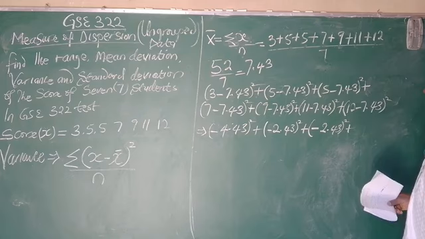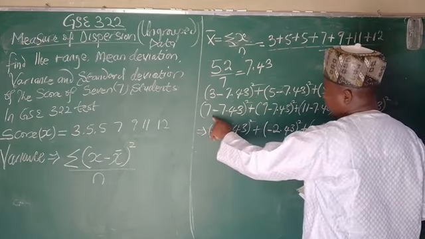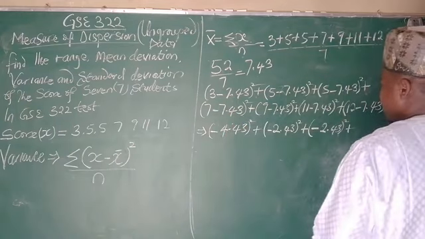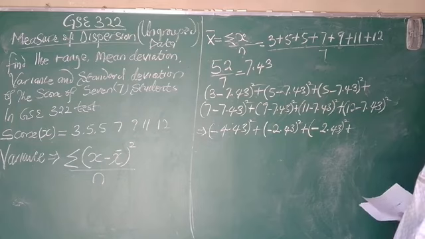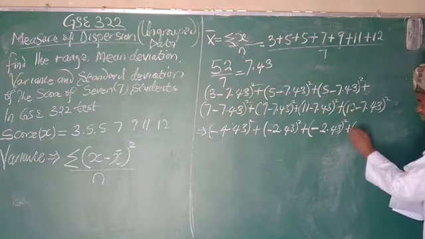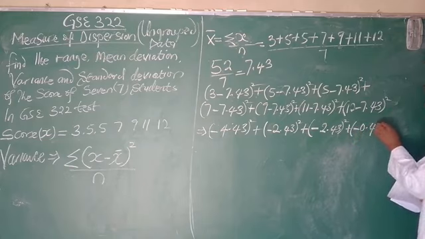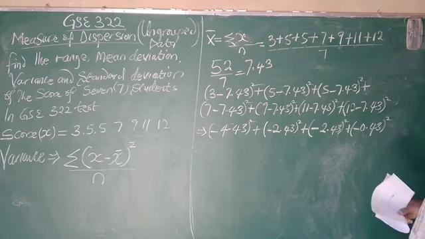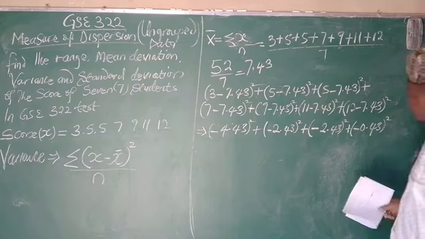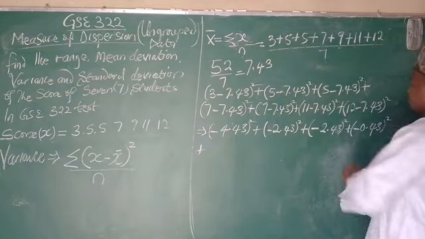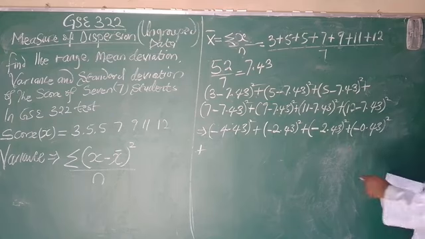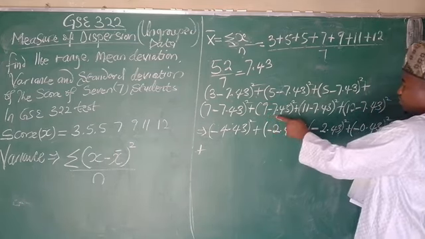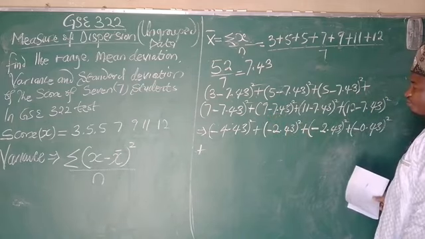Then plus 7 minus 7.43. That will of course give us minus 0.43, minus 0.43 squared. Then plus the next one, which is 9 minus 7.43 squared.